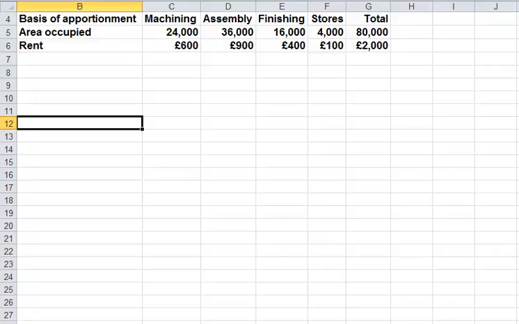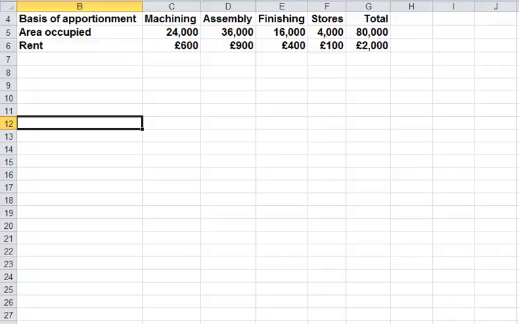So we have in our example here 4 departments: machining, assembly, finishing, and stores. We have the area occupied as 24, 36, 16 and 4,000 respectively, giving us a total of 80,000 square feet. Now the rent for the business, let's say, is £2,000 per year or per week or whatever it is.